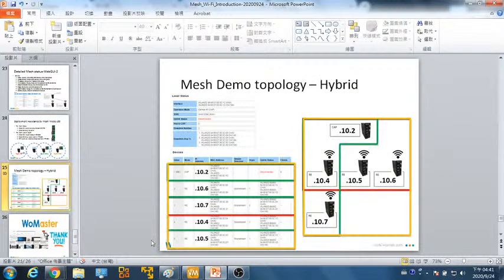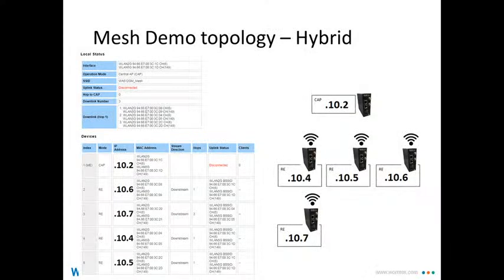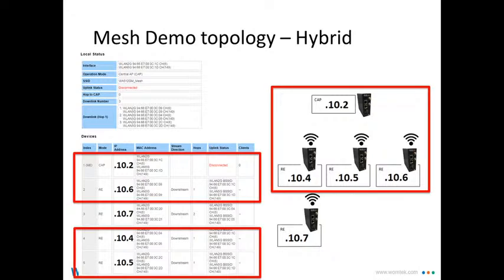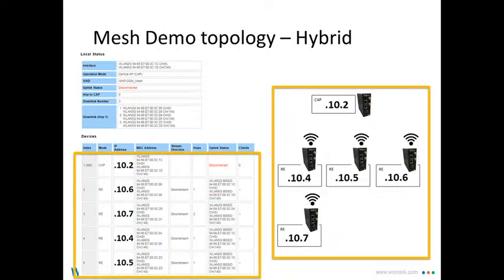You can see our demo topology includes star, daisy chain, and tree topology. The IP addresses .2, .4, .5, .6 form a star topology, and the entire topology is a tree.